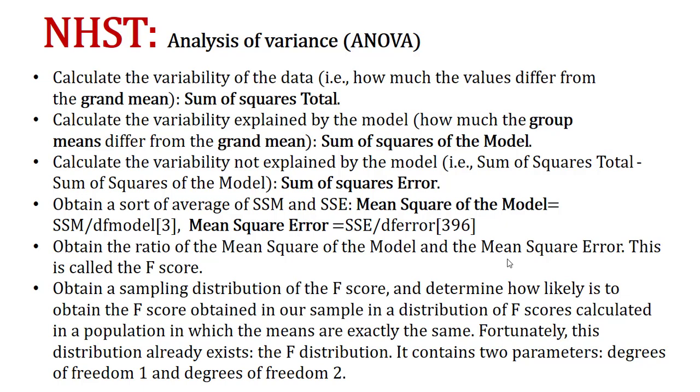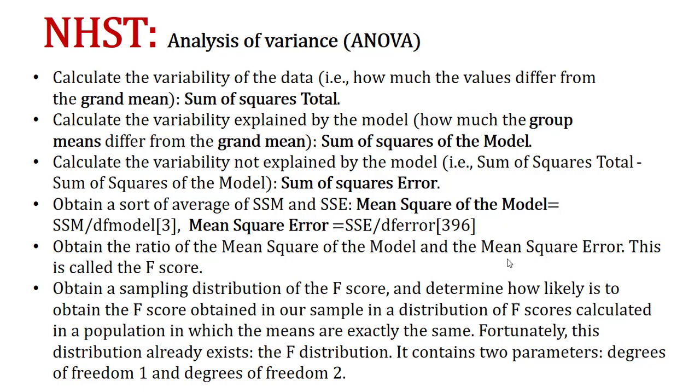Now, when you do sum of squares total minus the sum of squares of the model, you get the sum of squares error. Technically, for the sum of squares error, you subtract the mean of each group from the actual score of each participant, then you square that and add those, and you get the sum of squares of error, or more precisely, residuals.